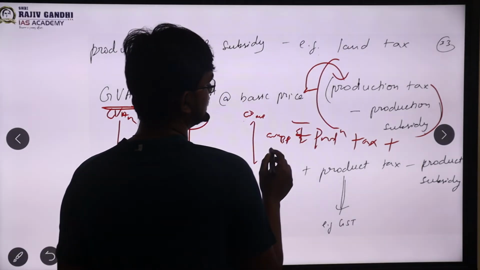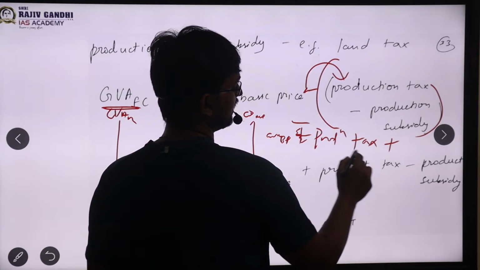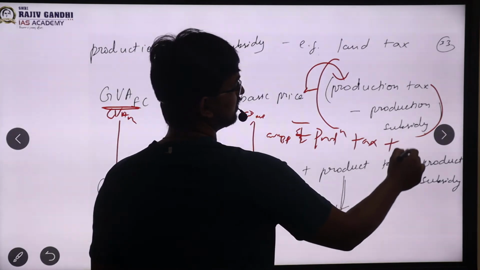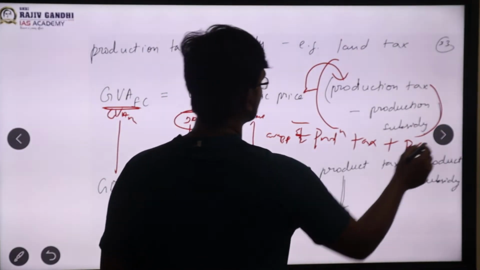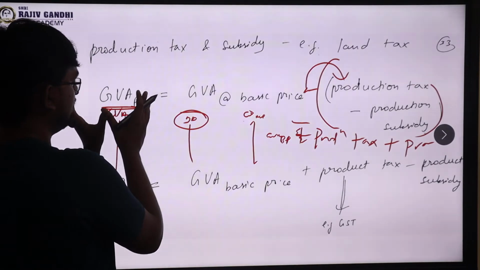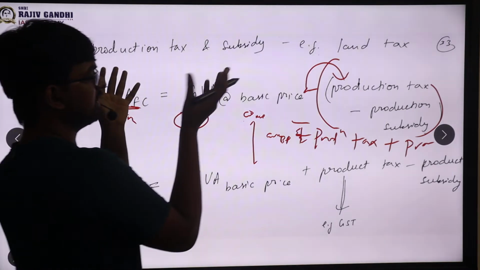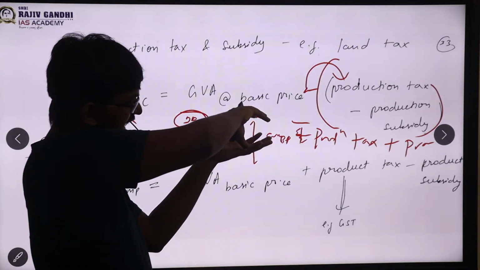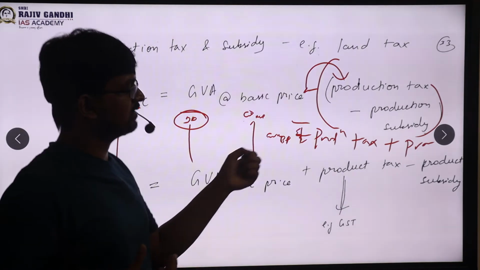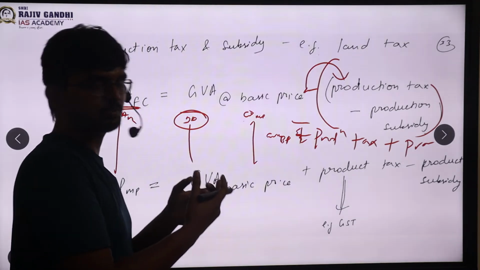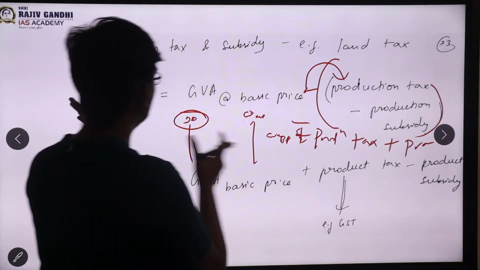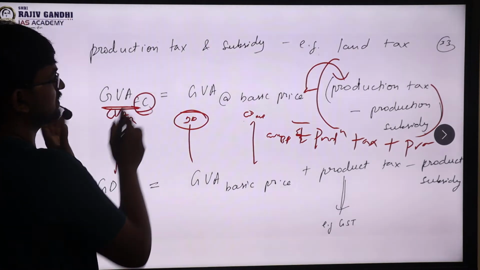So I will be getting GVA at BP minus production tax plus production subsidy. So essentially, to calculate GVA at factor cost, I will take GVA at basic price, I will remove the tax and I will add the subsidy. So essentially that is what is happening now. So then I will be getting GVA at factor cost, sir.